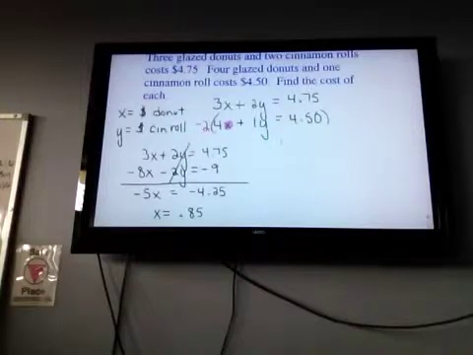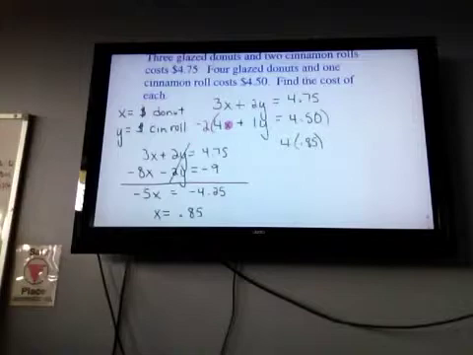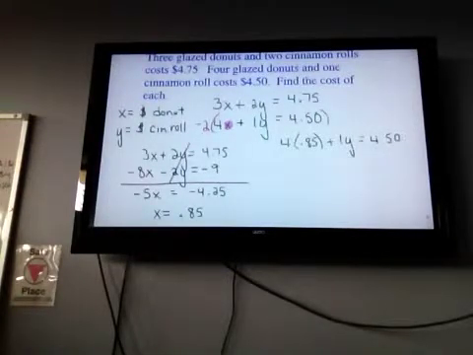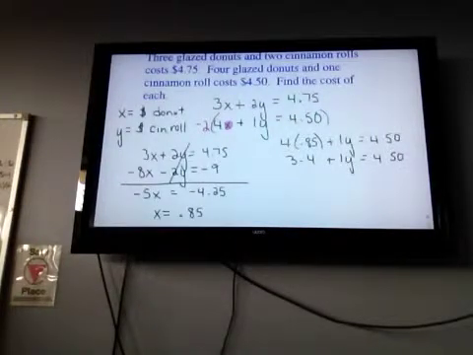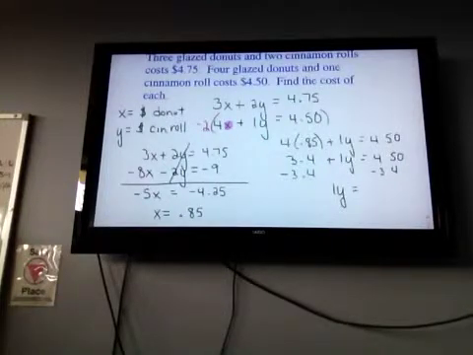So I'm gonna have 4 times 0.85 plus 1y equals 4.50. So I'm going to take 0.85 times 4, and I get 3.4 plus 1y equals 4.50, and subtract 3.4, and I get y, or 1y, equals 1.10.